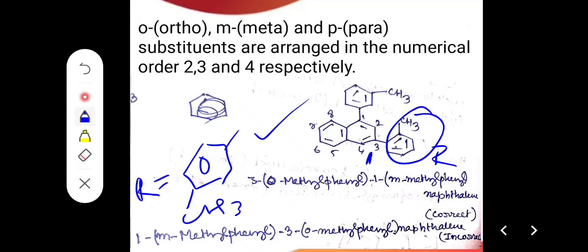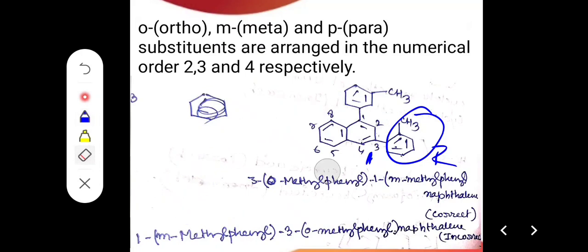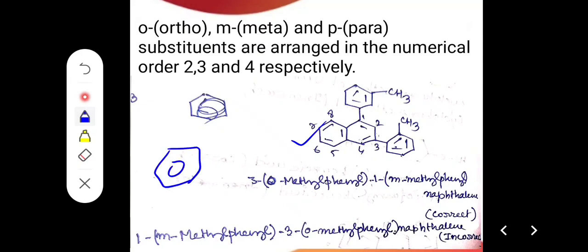So with respect to R, this is the 1. If we consider the naphthalene moiety, we know that this is the 1 position, 2, 3 position.